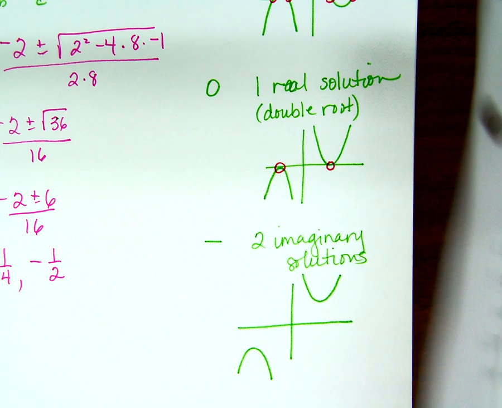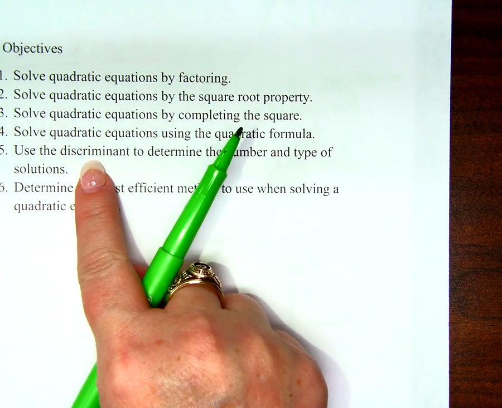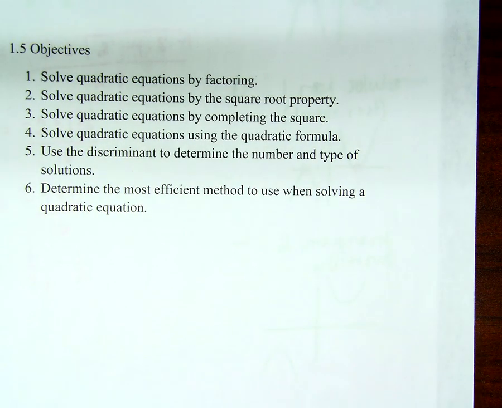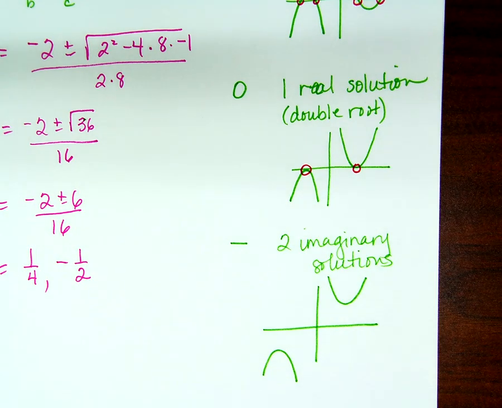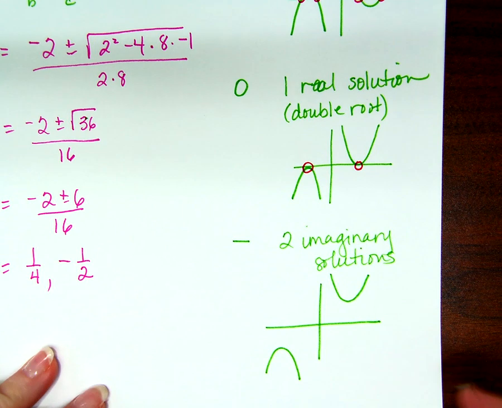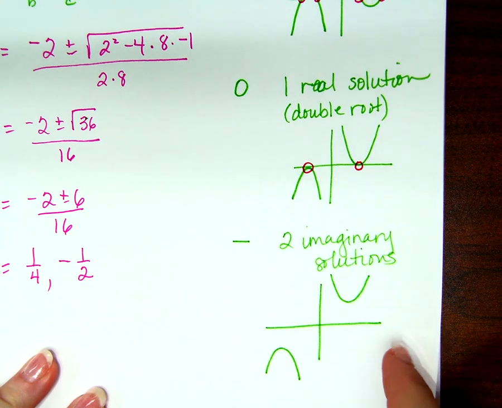Does that make sense as far as when it says use the discriminant to determine the number and type of solutions? Okay? One more. Determine the most efficient method to use when solving the quadratic equation. Well, what are the methods that we even talked about today?